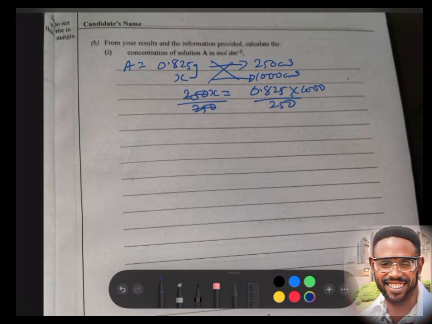We can cancel a bit, so that 5 by itself is 1, by 100 is 4. 0.825 times 4 will now give us our answer.